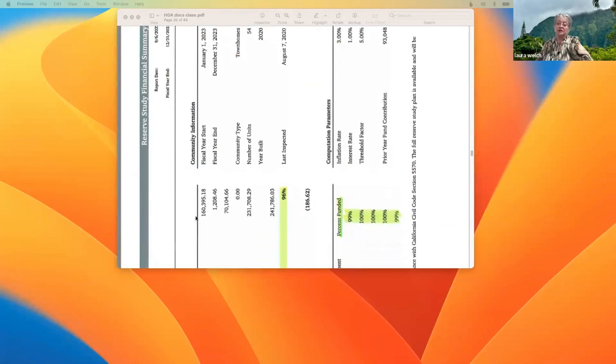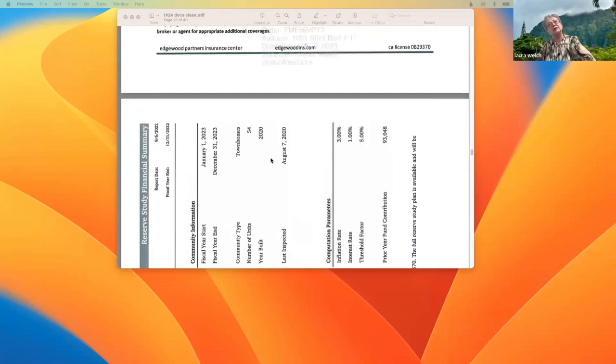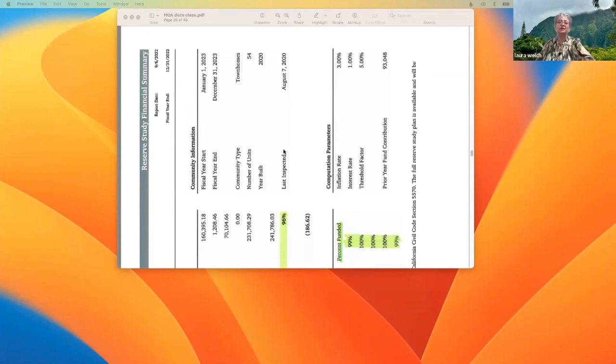This is the big one. This is the reserve study.